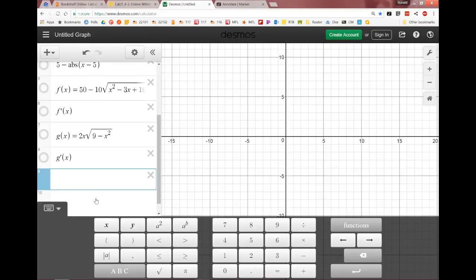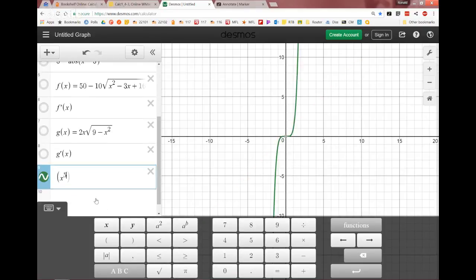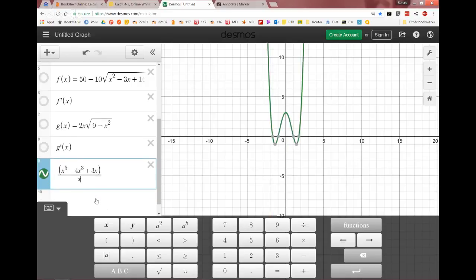So, parentheses x to the 5th minus 4x cubed plus 3x, all divided by x squared minus 1.